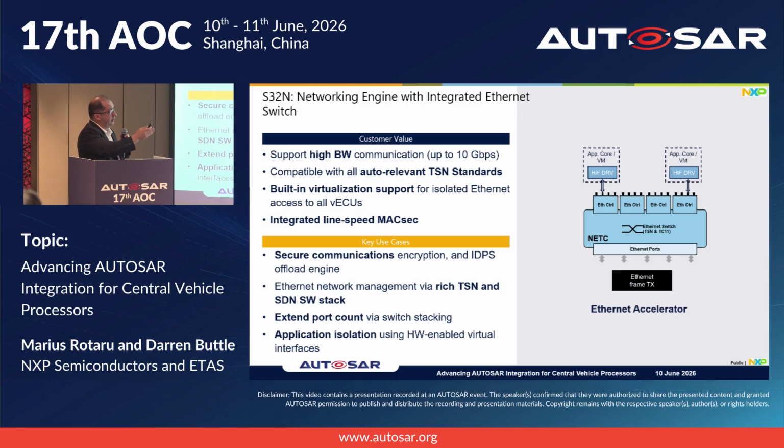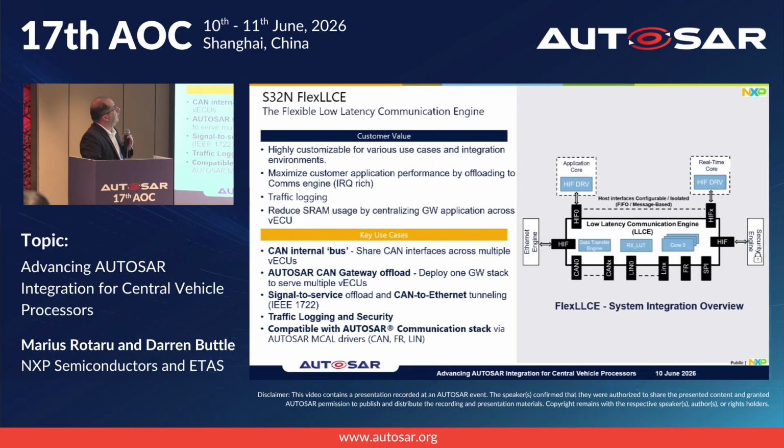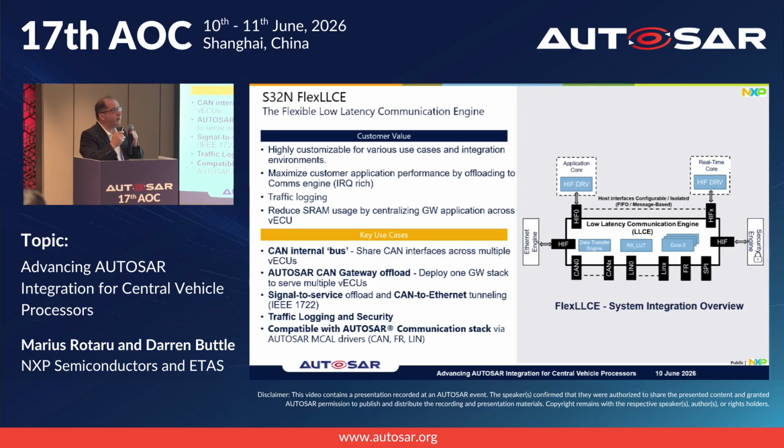Some accelerators for Ethernet, which provide built-in virtualization support, integrate line speed MACsec to address secure communication and various other use cases. We have accelerators for classic communication, which can be used, for example, to implement multiple services like signal-to-service offload, CAN to Ethernet tunneling, etc. And all of them help addressing and optimizing the software which is running on different cores.